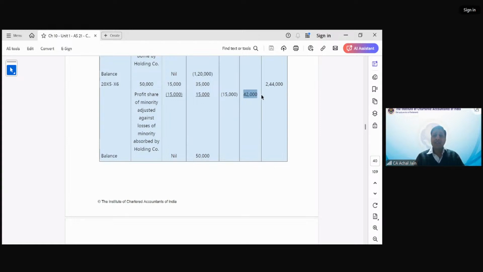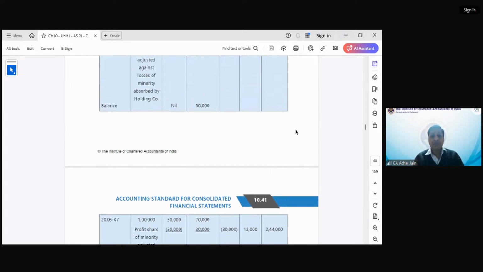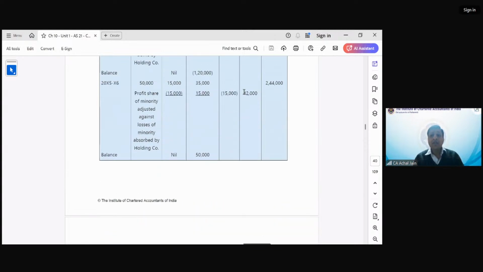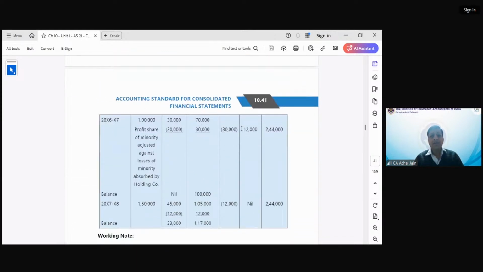So even this year, this share of profit of minority should come to us. Yes or no? So once again, we'll have to do this. If you do this, the amount of accumulated losses which majority was having in respect of minority will now come down to 12,000. Yes or no? Okay.